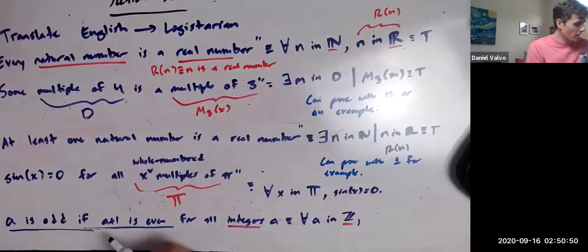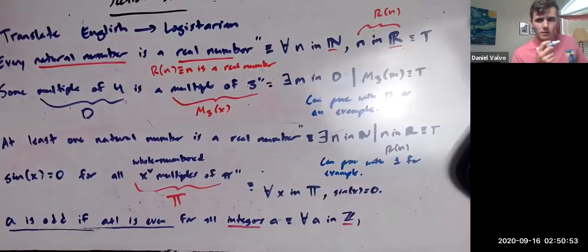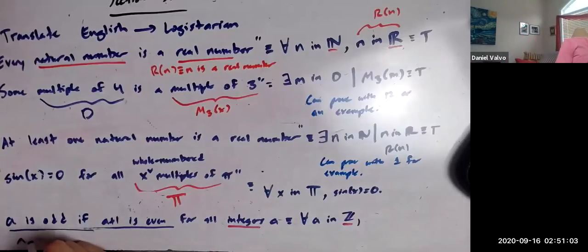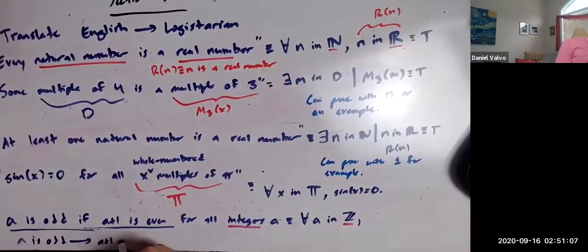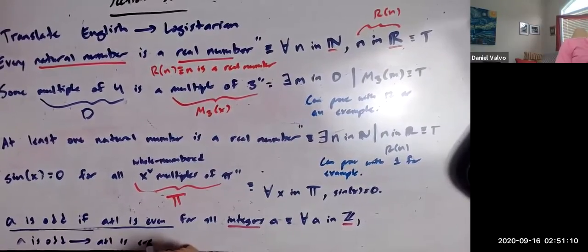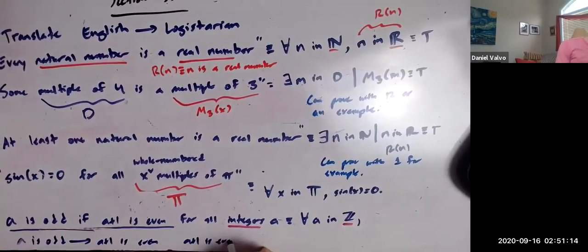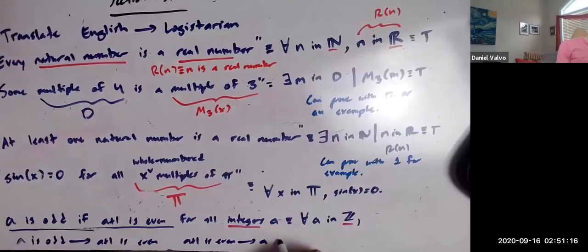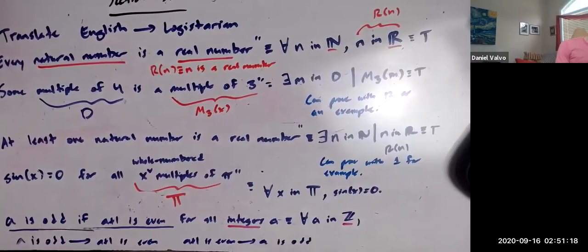But normally are if then statements written in this order? What's the hypothesis here? What's the conclusion here? For example, is this saying that A is odd implies A plus 1 is even? Or is this saying A plus 1 is even implies A is odd?